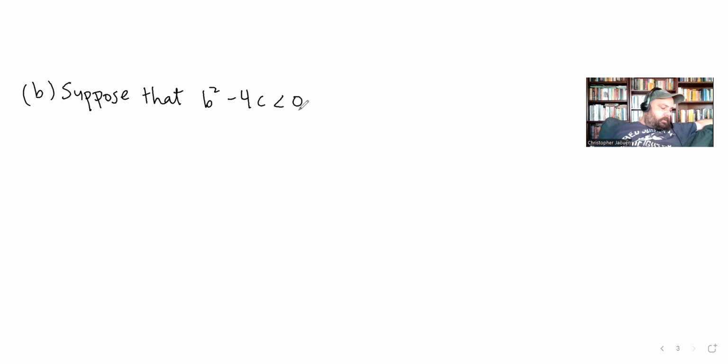Part B says, suppose that b squared minus 4c is less than 0.